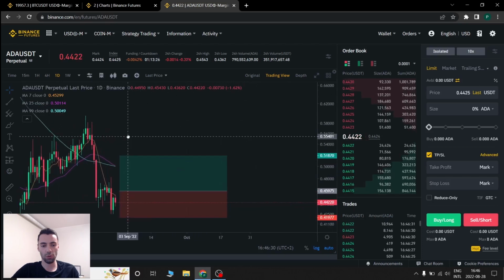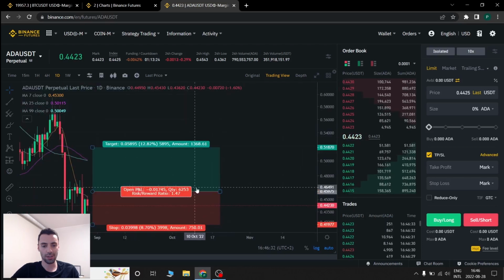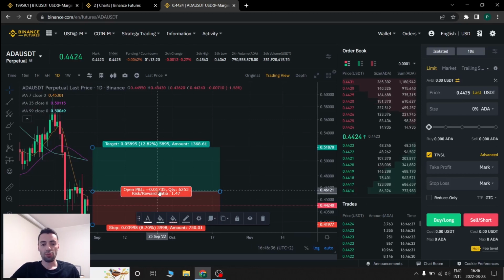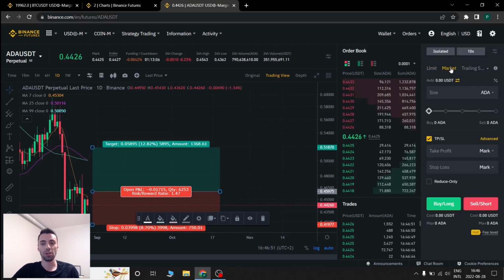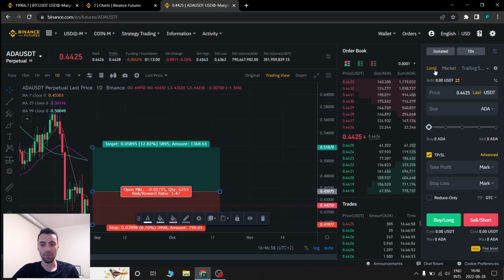For example, we want to open a position like this. If you want to set the price on this, for example 45, you're going to use limit, and this is the price that we enter. But if you want to open your position exactly at this price, we have this market, which is also the same as the spot part, which I talked about in the previous video.